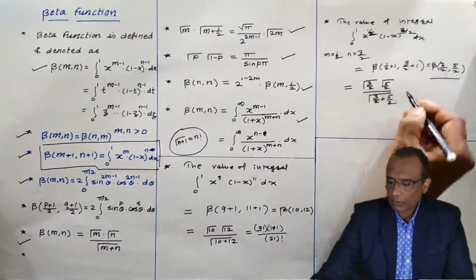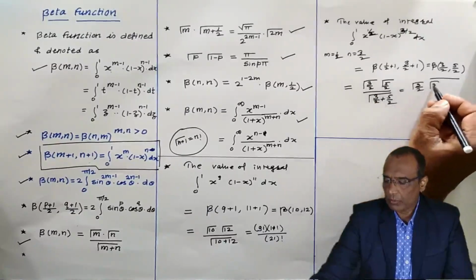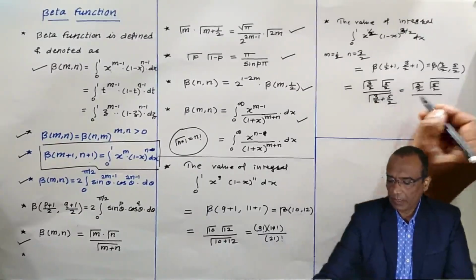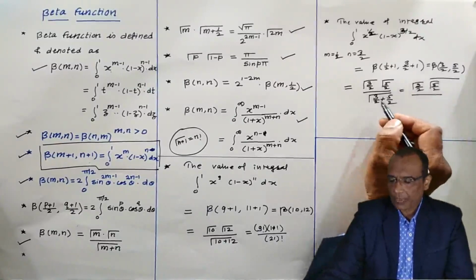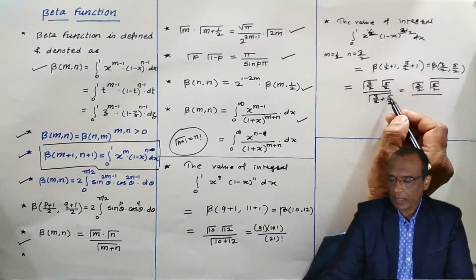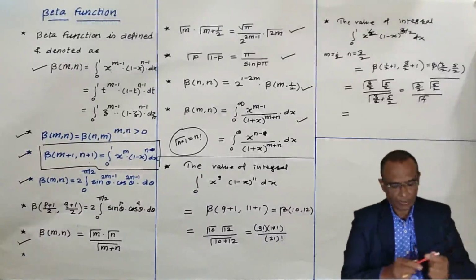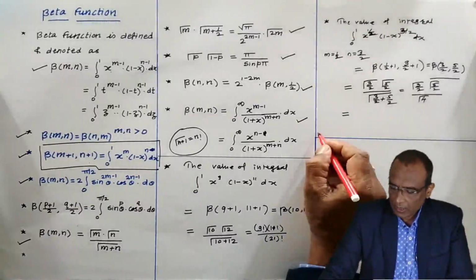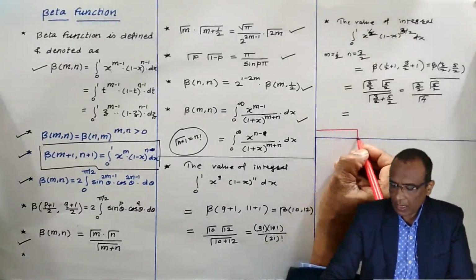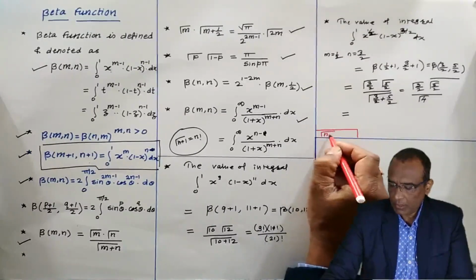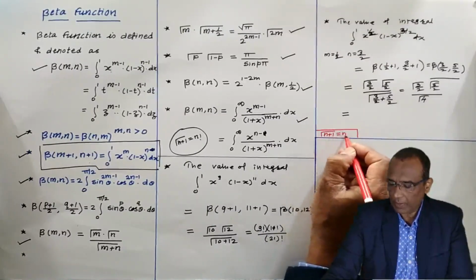Now gamma 3 by 2, here gamma 5 by 2, and this divided by gamma of (3 by 2 plus 5 by 2), 3 plus 5 is 8, 8 by 2 is gamma 4. Gamma 3 by 2 can be written as, see, here gamma (n plus 1) is n gamma n.